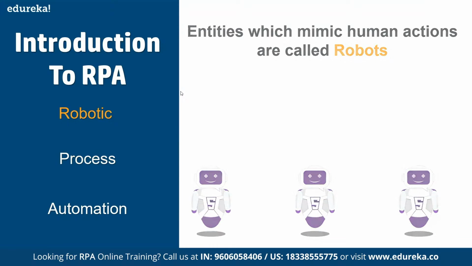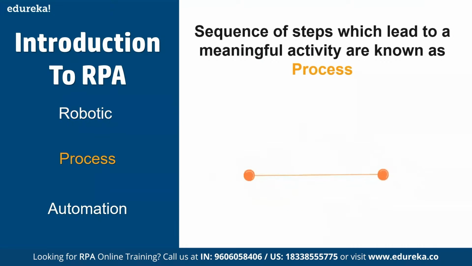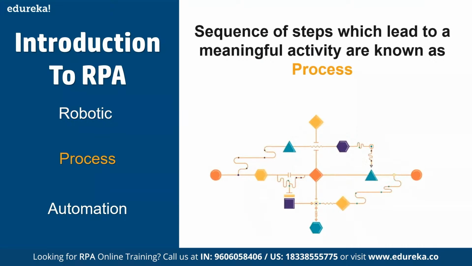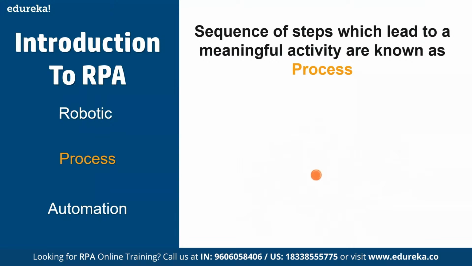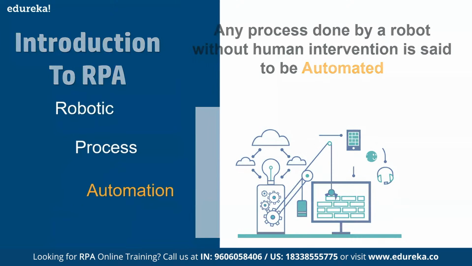Then what is a process? A process is a sequence of steps which lead to a meaningful activity. That is something that we call a process. And automation is when something happens or occurs without human intervention. And when we combine all these three together, we get robotic process automation.